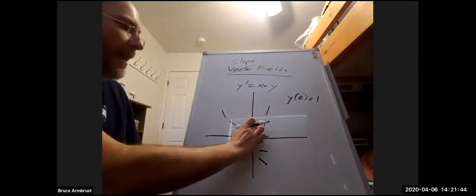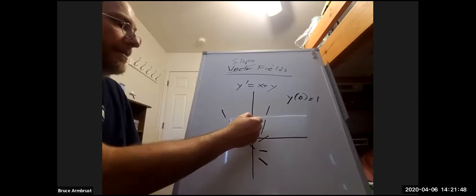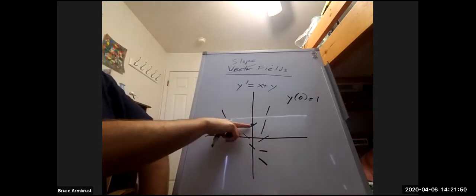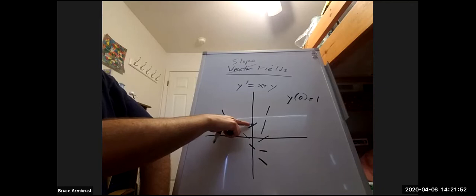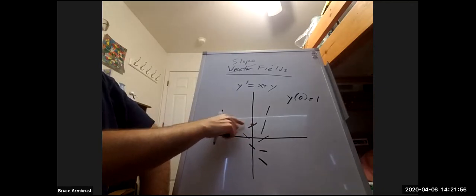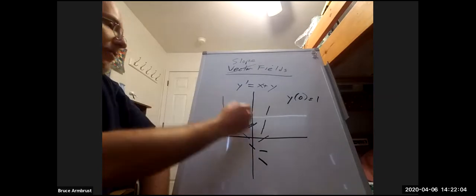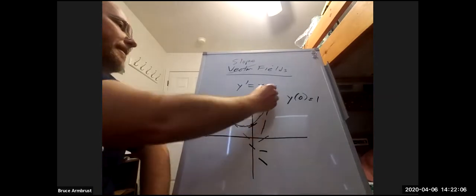So my function actually needs to go through this point right there. But I need a graph such that it's tangent at that point. Well, if I start moving in this direction and be tangent, notice it has to flatten out. And then it has to curve up and curve up more and the same kind of thing. What's that kind of looking like?